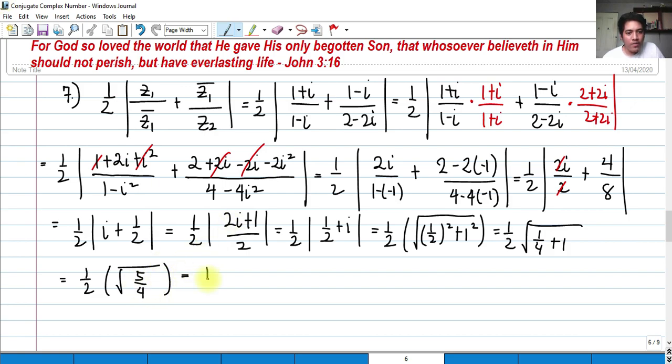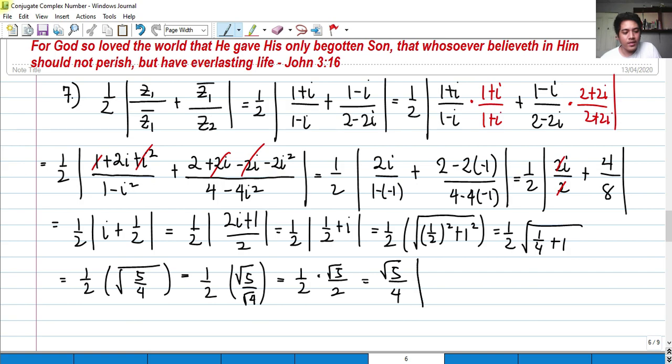Then we can evaluate this as square root of 5 over square root of 4. So we have 1 half square root of 5 over 2, because we can evaluate square root of 4 as 2. So we have square root of 5 over 4. That is our answer for this problem.